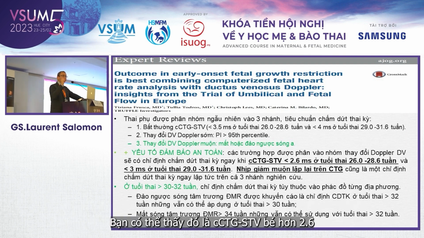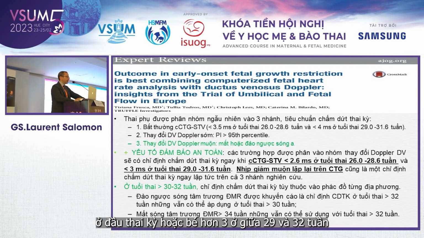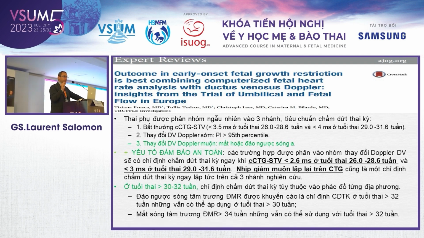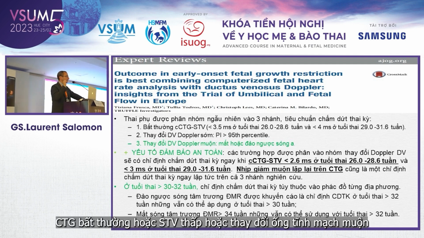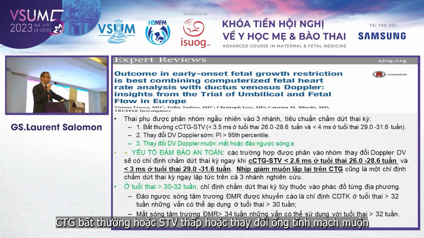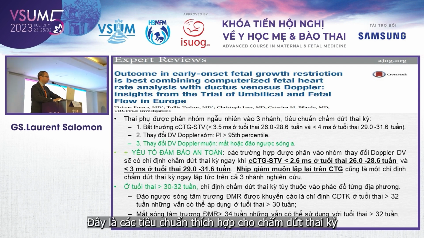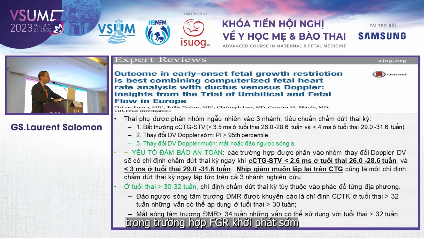And you can see that it was a short-term variability below 2.6 at the early gestational age, or 3 between 29 and 32 weeks. So these are probably the good triggers: abnormal CTG or low short-term variability or late changes in the ductus. These are the appropriate trigger for delivery in early growth restriction.